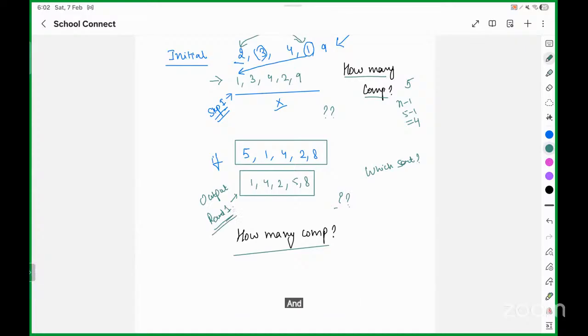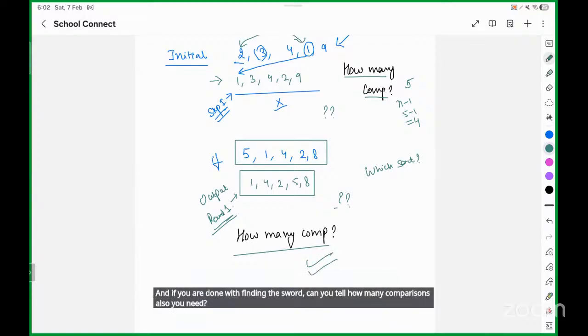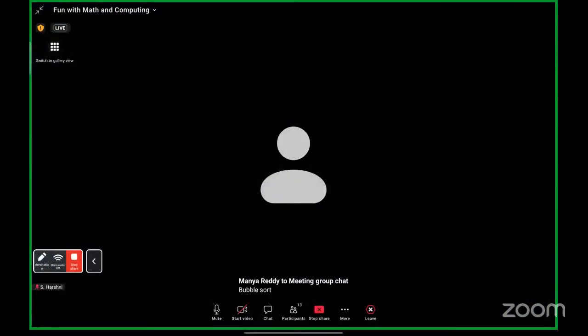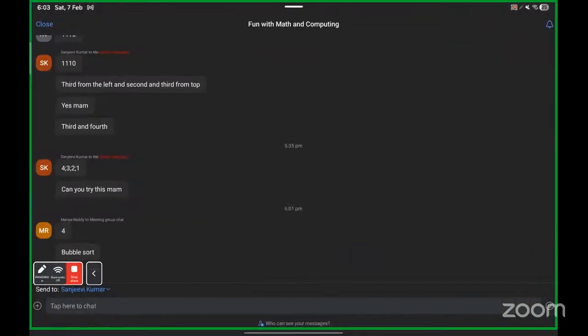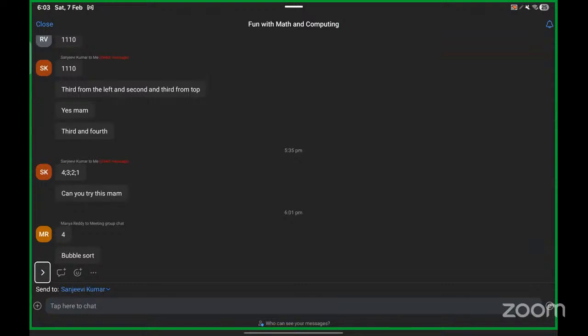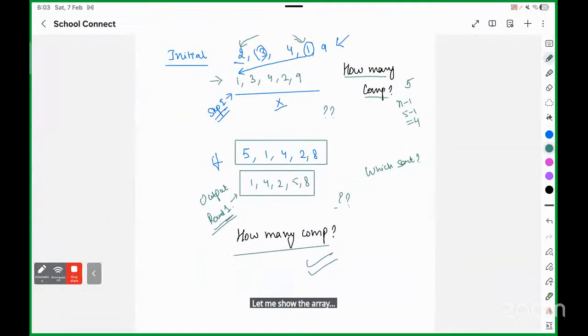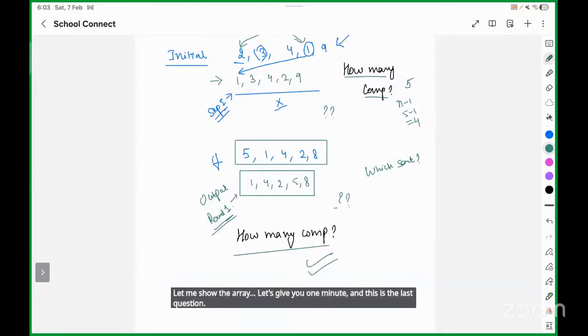And if you are done with finding the sort, can you tell how many comparisons you also need? Let me show the array. Let's give you 1 minute. And this is the last question, then we will wrap up.